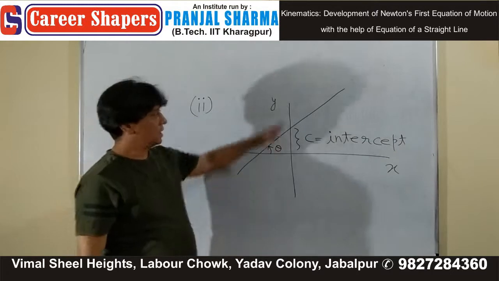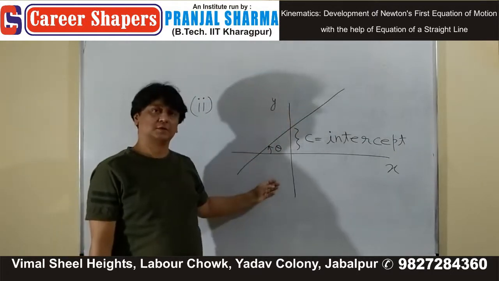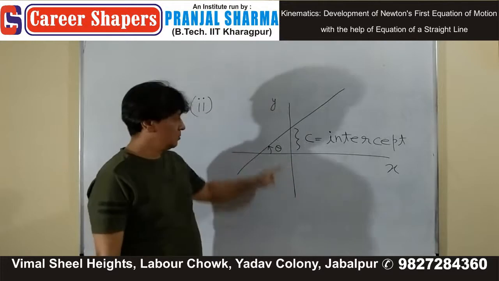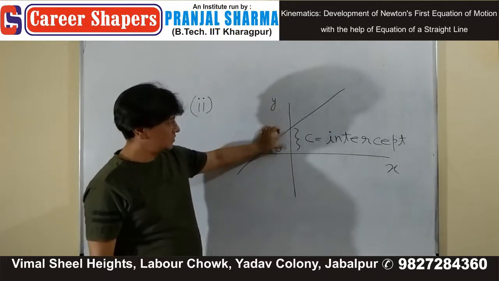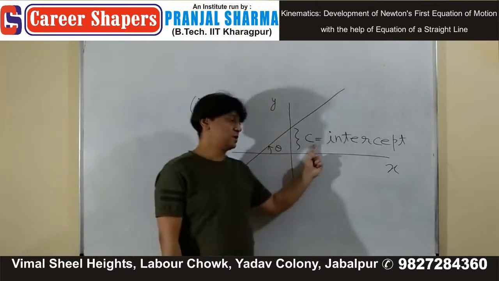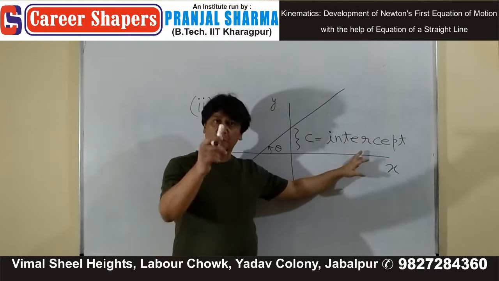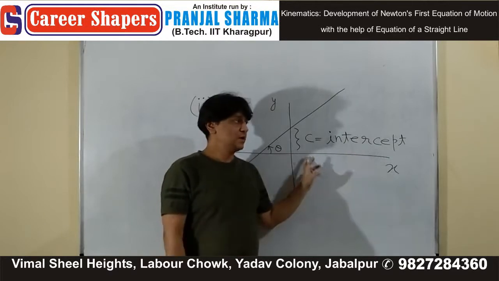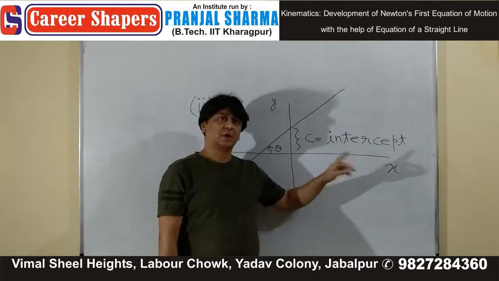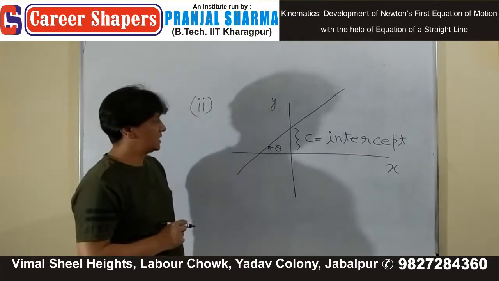Intercept cut by the line on the y-axis. Or basically this is between the origin and this point. This length has a name and it is what? C. This is called what? Intercept. Write down the complete part: C is the intercept cut by the line on the y-axis.